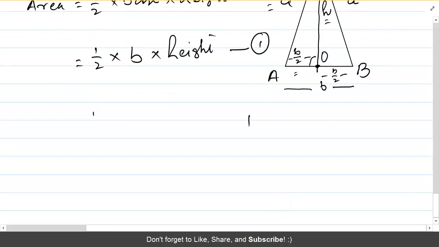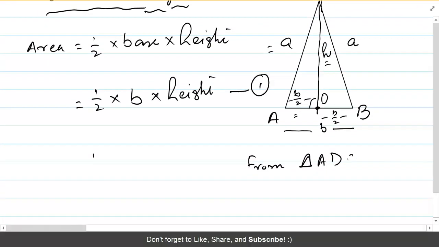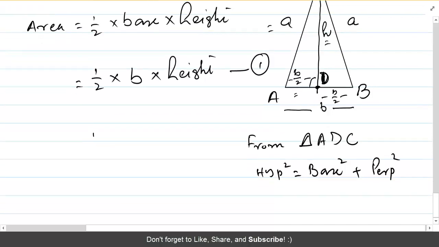Now from triangle ADC, this is D. Hypotenuse square is equal to base square plus perpendicular square.